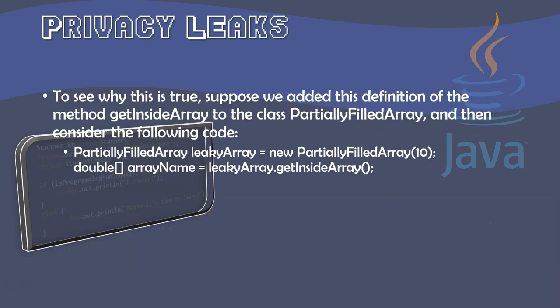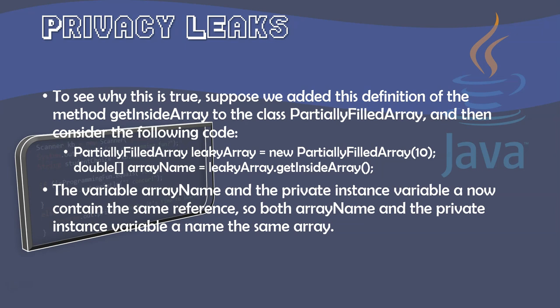To see why this is true, suppose we added this definition of the method getInsideArray to the class PartiallyFilledArray and then consider the following code. PartiallyFilledArray leakyArray = new PartiallyFilledArray(10); double[] arrayName = leakyArray.getInsideArray(). The variable arrayName and the private instance variable a now contain the same reference.